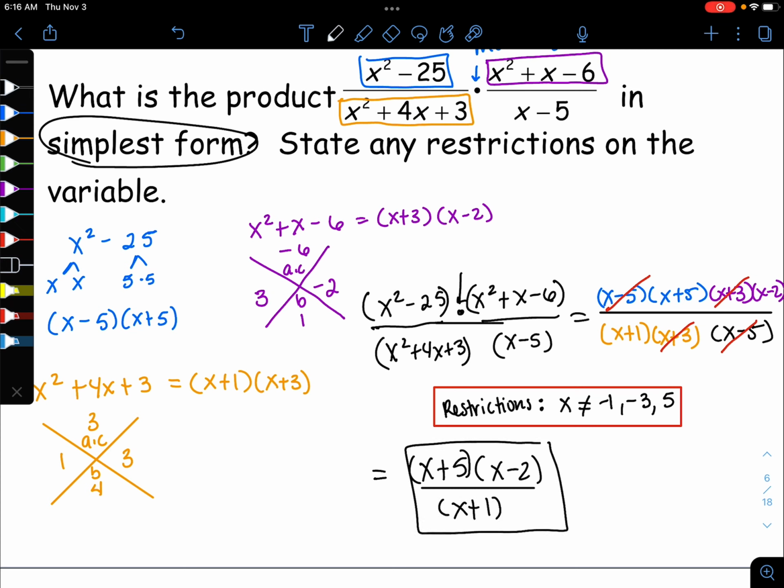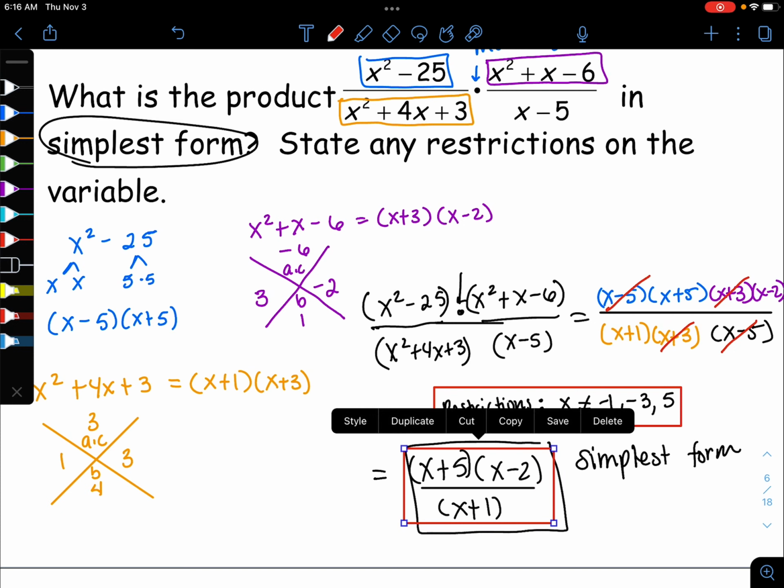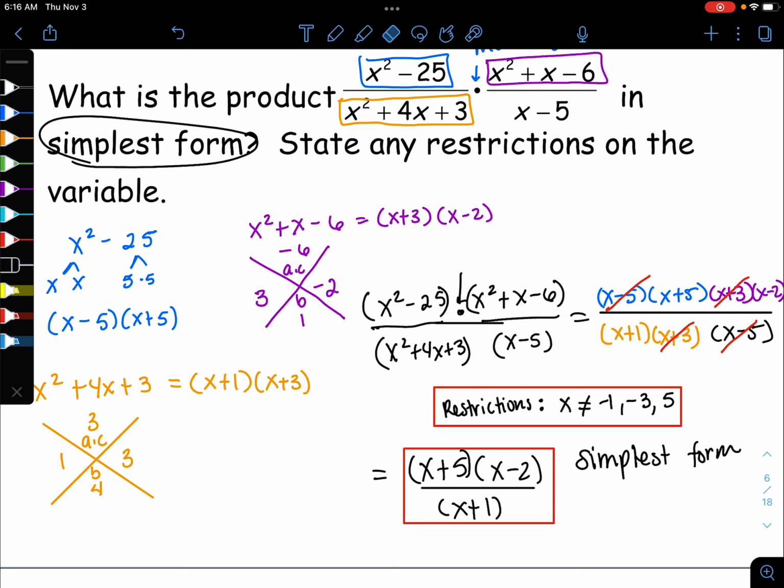This would be my simplest form. So anything that's boxed in the red would be your answer. Oh my gosh, it's hard to speak. Okay.